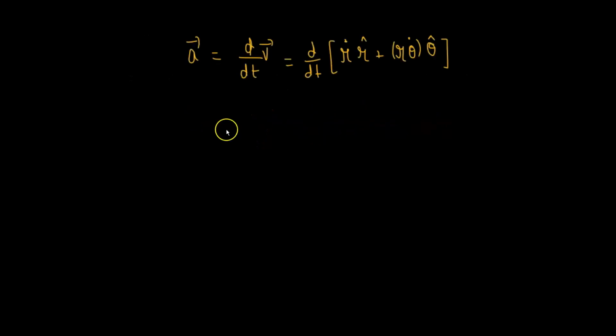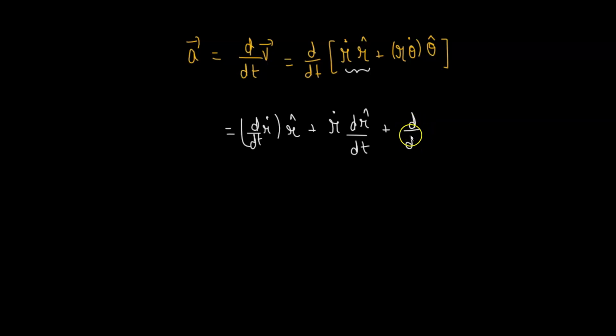So let's do that. This will be equal to derivative of r dot r cap, so that will be d/dt of r dot times r cap plus r dot dr cap over dt, plus d/dt of r theta dot all multiplied to theta cap, plus r theta dot multiplied to d/dt of theta cap.